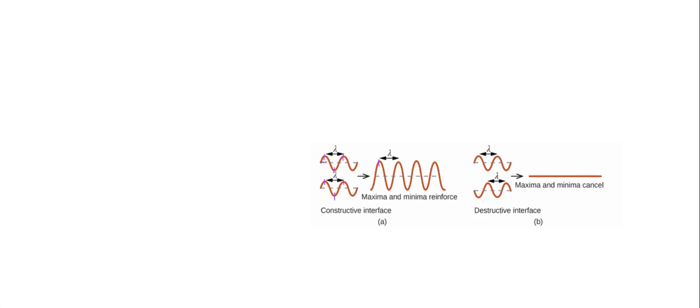It's the algebraic sum of both those amplitudes. So we could say the amplitude 1 and the amplitude 2 form this amplitude over here, and it is the sum of both of those amplitudes together. And the same thing happens with the troughs. And so what we see is that the maxima of the waves, those are the high points or the crests, and the minima of the waves reinforce one another.